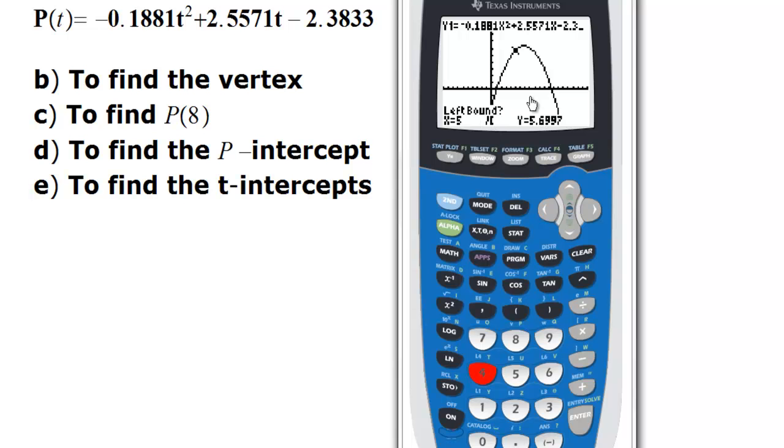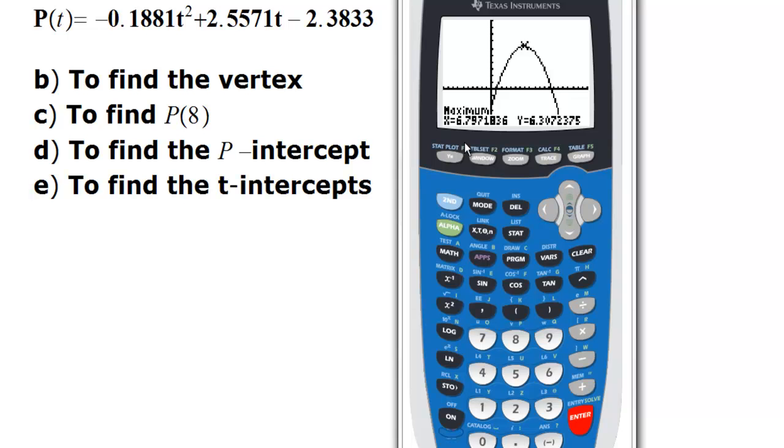It is asking for a left bound because sometimes you will have functions in which there are more than one local maxima. In this case we want this one, and we already have the cursor at the left, so we just press enter. Then it's asking for a right bound. So we will use the arrow keys to go here and take a point to the right, and press enter.